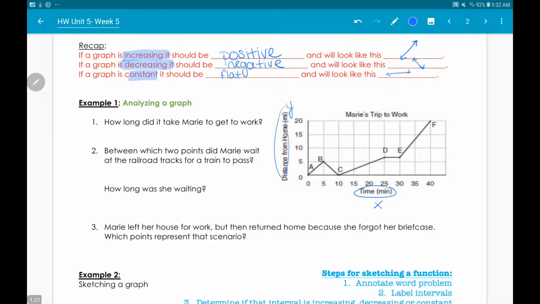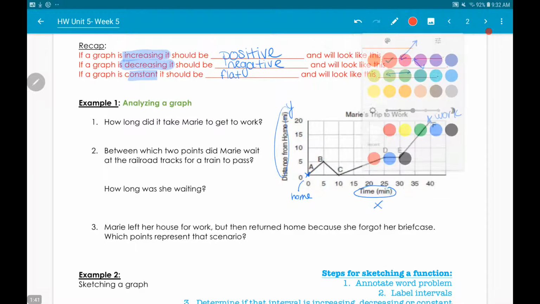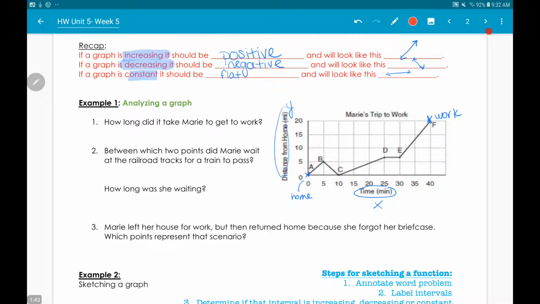So this is her destination of work, and 0 would be her home, just to give us a little background. The first question: how long did it take Maria to get to work? If I analyze my graph, I'm looking for where it ends, and I check my minutes, since that's my time, and I see that it takes 40 minutes.